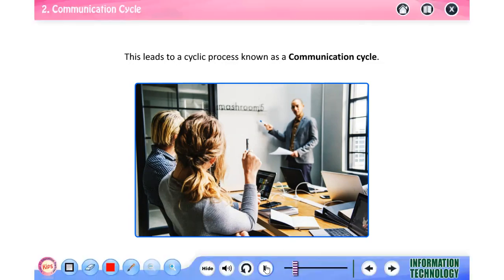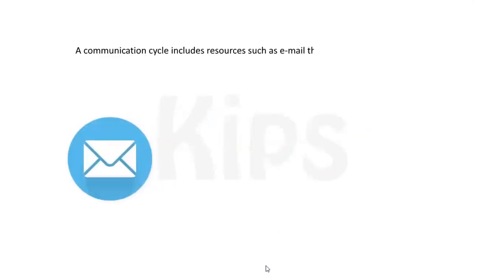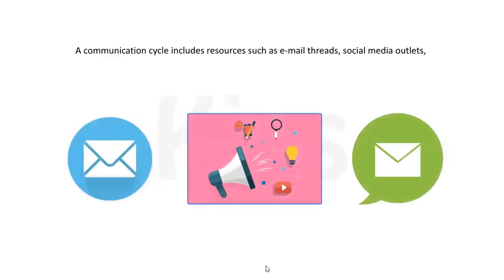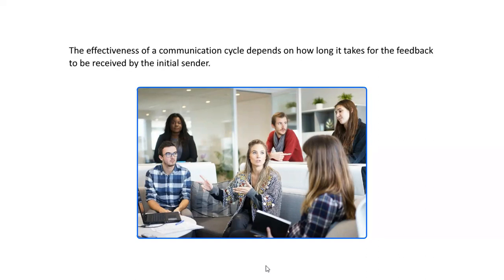So then we'll proceed. The cycle describes how an idea, impression, or feeling is made known to others. A communication cycle includes resources such as email threads, social media outlets, video IP message outlets, etc. The effectiveness of a communication cycle depends on how long it takes for the feedback to be received by the sender.